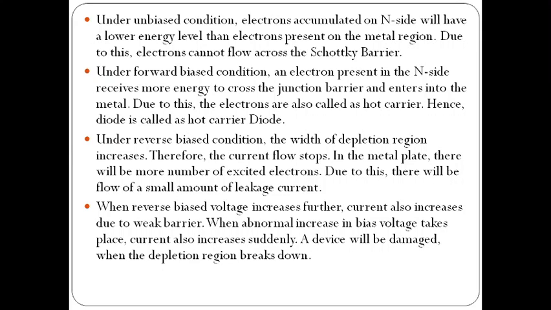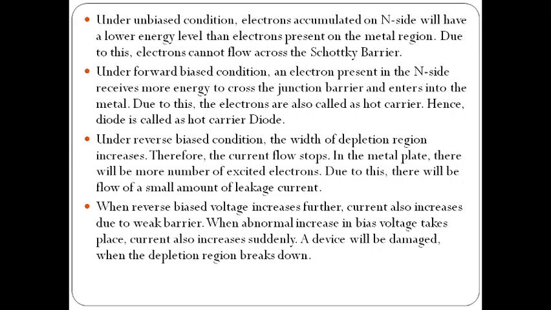Some of the electrons cross the depletion region, and that is nothing but leakage current. It is very small. Yes, when the reverse bias voltage increases further, current also increases due to the weak barrier.